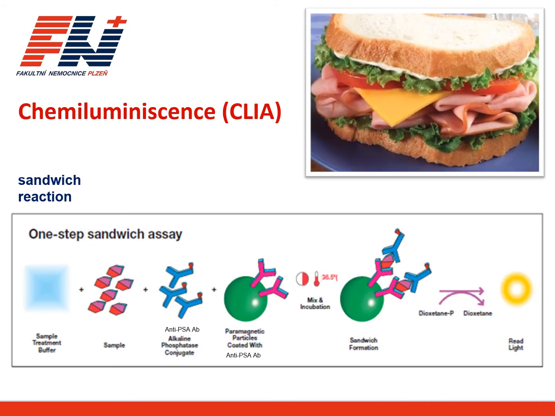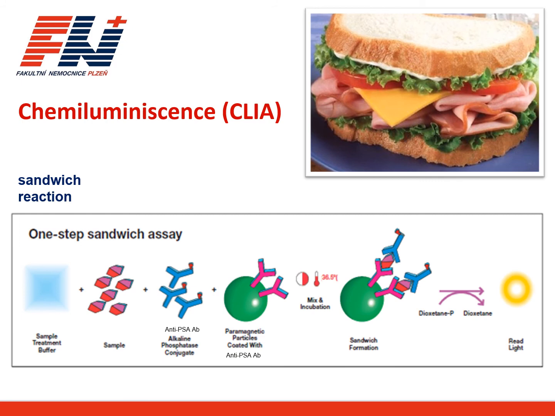Here you can see the principle of the reaction. The reaction is called a sandwich reaction, and really this is very similar to a real sandwich, because here this is the final position of the components in this reaction. Here you can see a paramagnetic particle with the first antibody against one antigen determinant of the PSA molecule.